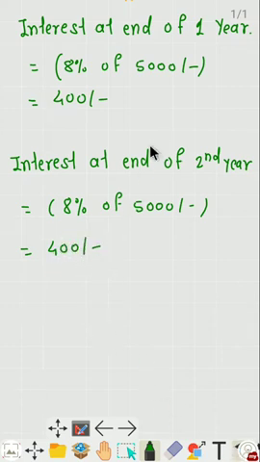Similarly, the interest at the third year, fourth year, that interest is 400 at the end of each year.